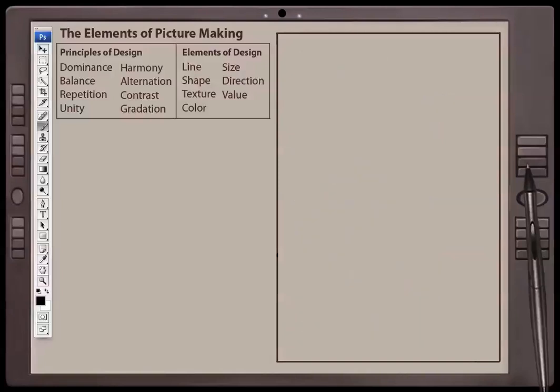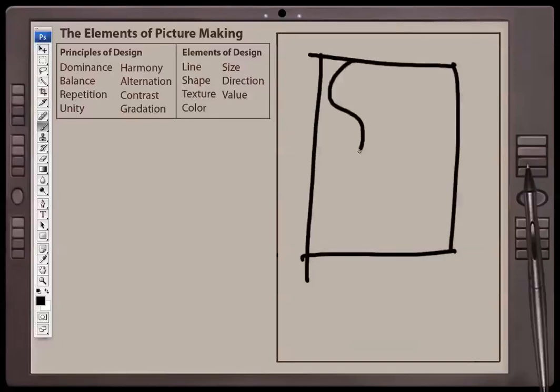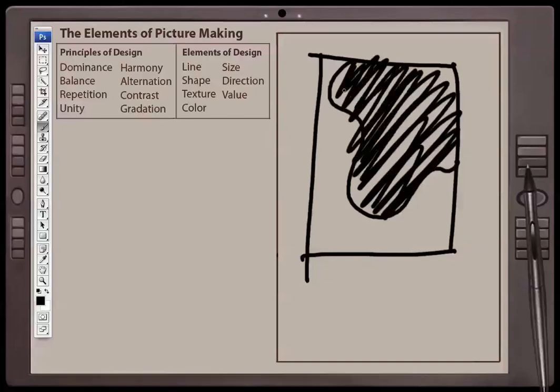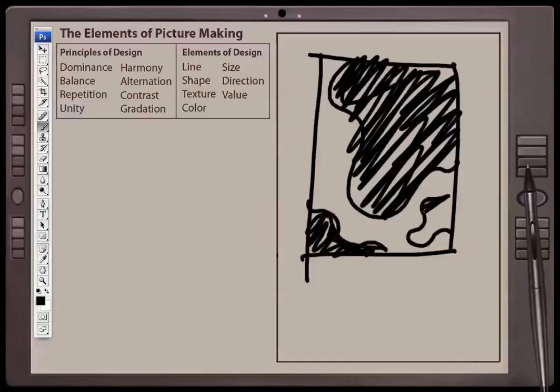In one of the previous lessons, you learned about dominance of size. I showed you how to get dominance into your composition by making one object or shape or form larger in size than all the others. So if I make a large curving shape like this, and I have smaller curving shapes down here like this, and another one here, or they could be angular shapes. This is even better.